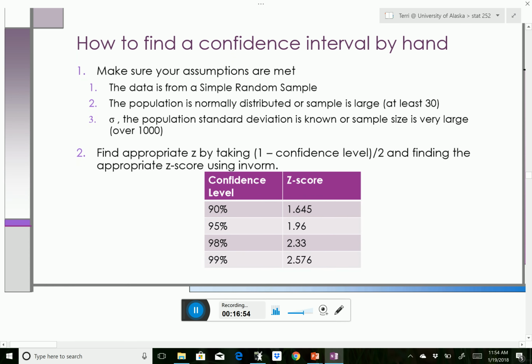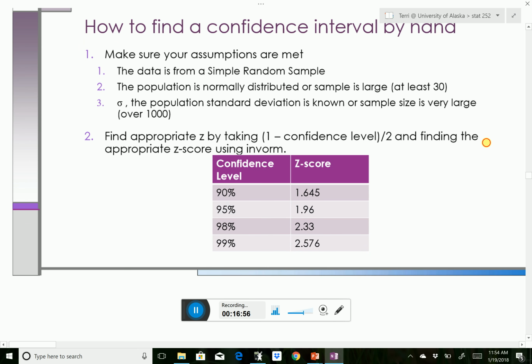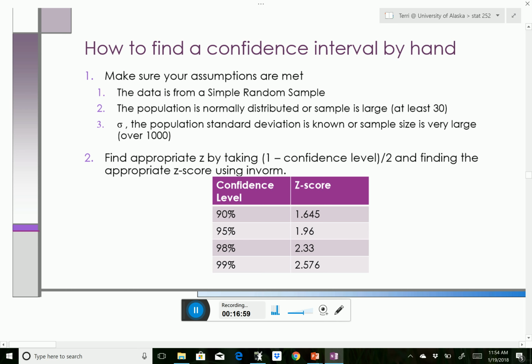So let's talk about finding our confidence intervals by hand a little bit, and then we will learn how to do them on the calculator as well. Number one, you want to make sure your assumptions are met. The data is from a simple random sample. Other types of sampling techniques require us to multiply by another number in order to get it to be accurate, because the randomization is different.